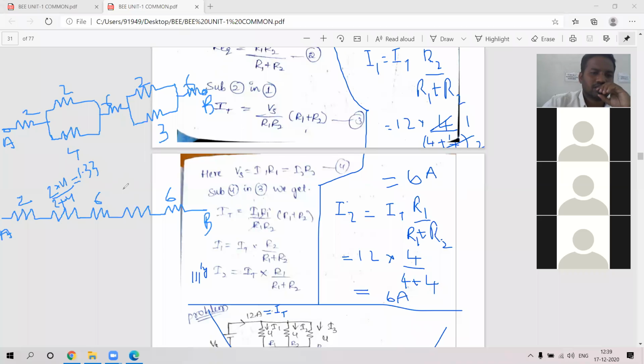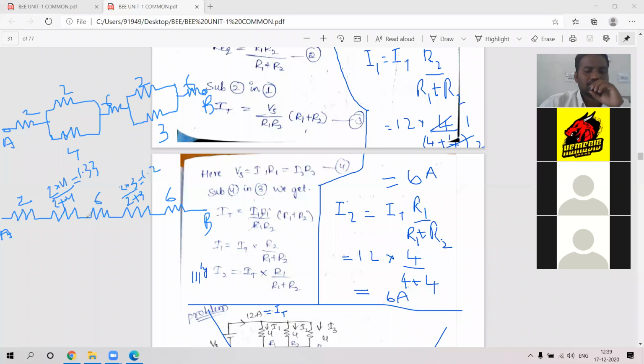What is the value at this resistor? 2 into 3 by 2 plus 3 is 6 by 5, which is 1.2. Now how are all connected?